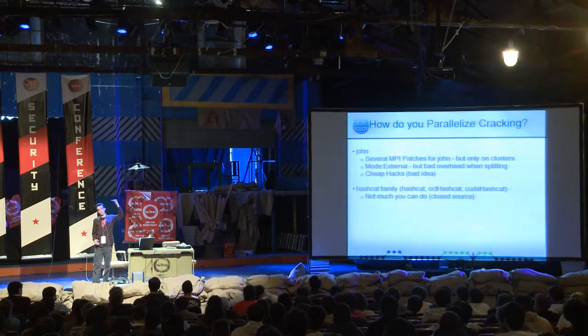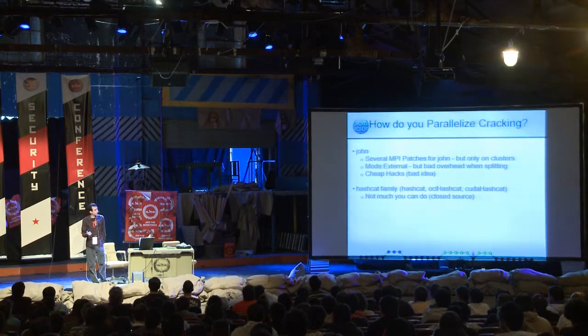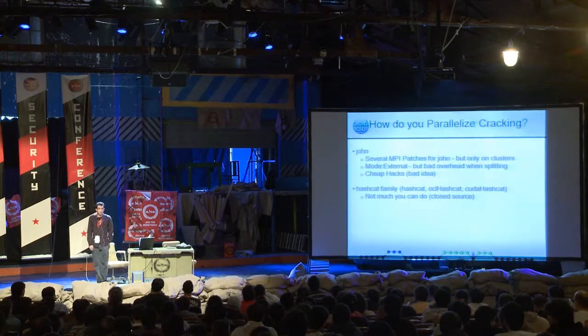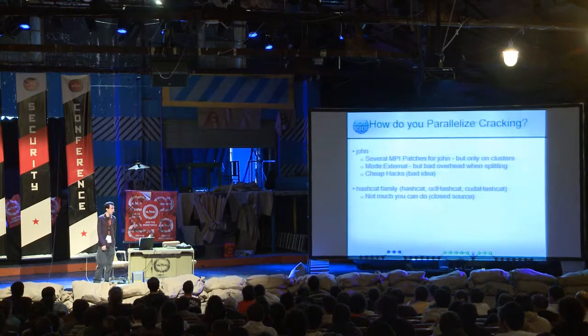So the first computer will take the first, the second, third, fourth, fifth. This has a lot of overhead when you run it on 400 computers, and you can't add computers in. Hashcat is closed source. It's very, very fast, but you can't really modify it in any way.